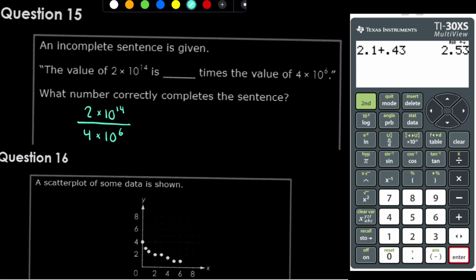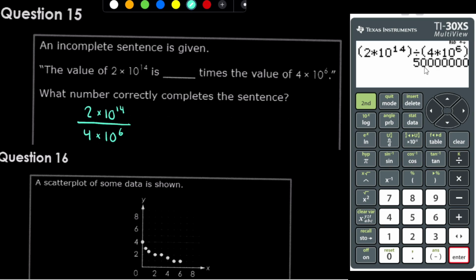So we're going to open our calculator. And we're going to do 2 times 10 to the 14. Remember, keep those in parentheses. Divided by 4 times 10 to the 6.